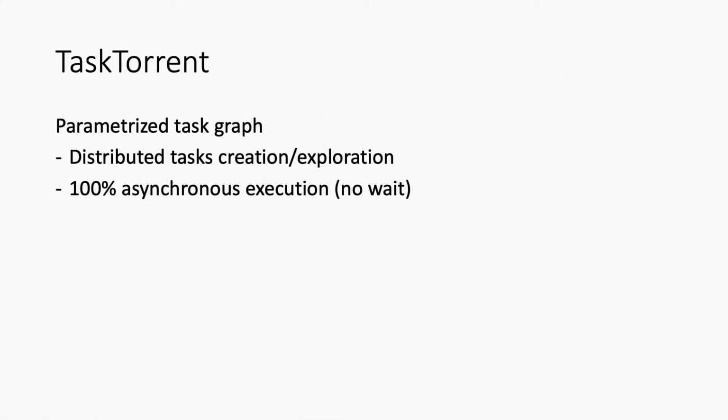So this parameterized task graph notion is pretty important because it means that you never need to enumerate your tasks first. When a task is done running, it triggers more tasks, but you don't need to first build the whole graph.